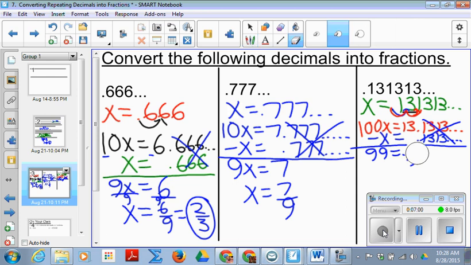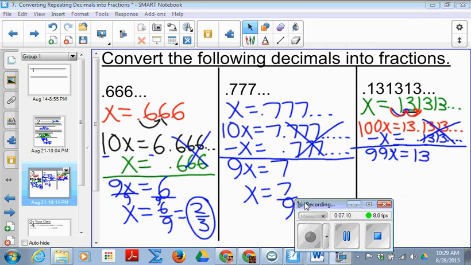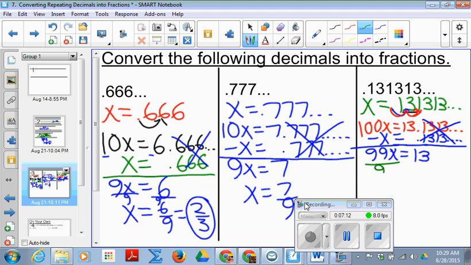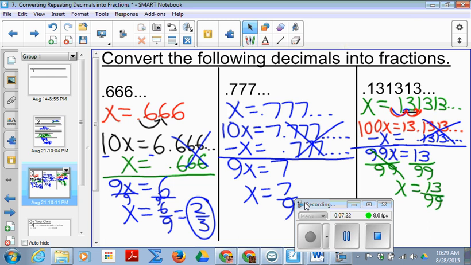So what we're left with is 99x on the left side equals 13. And then we just divide both sides by the coefficient, and we have x equals 13/99. If you want to check on any calculator, do 13 divided by 99. I guarantee you will get the repeating decimal we began with.